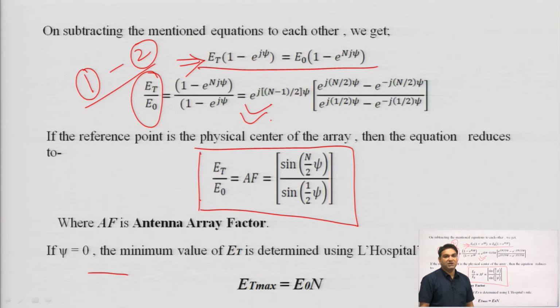Et upon E naught is equal to AF, and that is equal to sin n psi by 2 upon sin psi by 2.